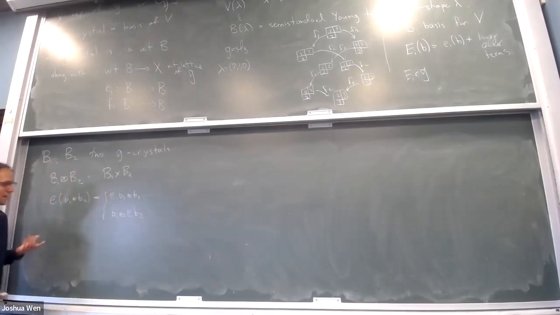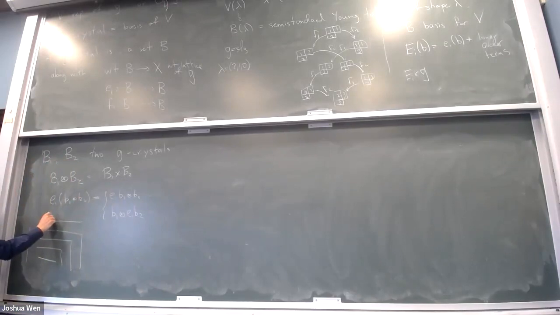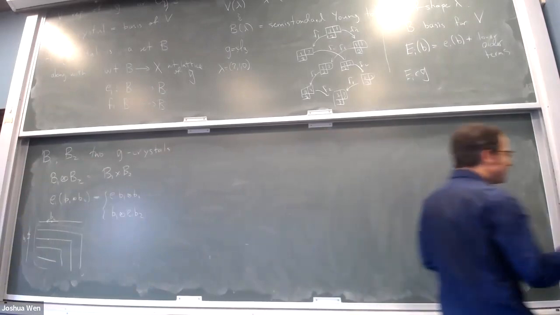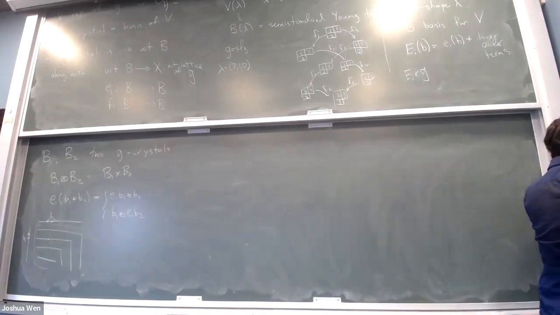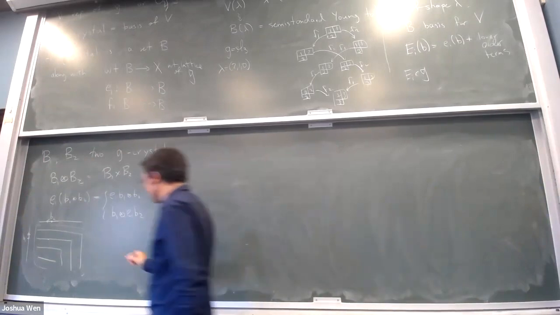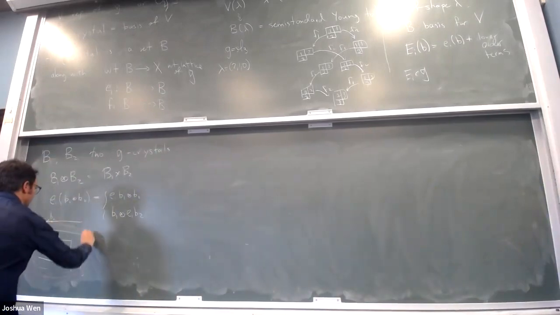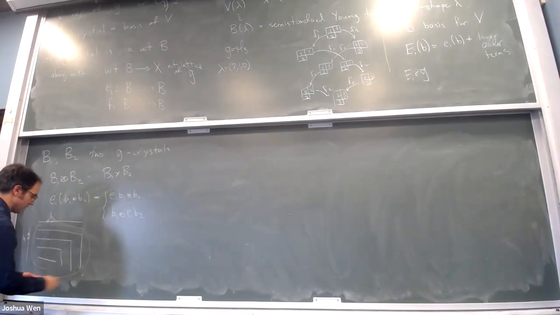But there's a rule which actually has a nice picture associated to it. Let me just draw the picture and leave it at that. This picture tells you which way this e_i goes. So e_i is acting over here and over here, and you look at this set down here, which is V1 tensor V2.